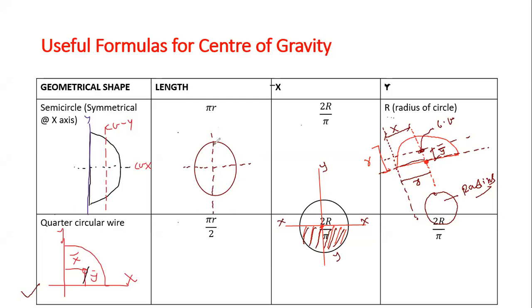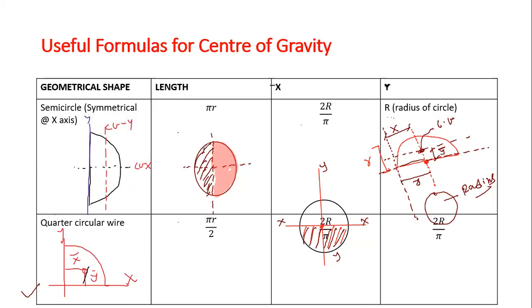Now if I cut this circle, cutting the shaded area, I will get this much portion, which I am shading here. Now this semicircle portion will be symmetrical about the x-axis, yes or no?